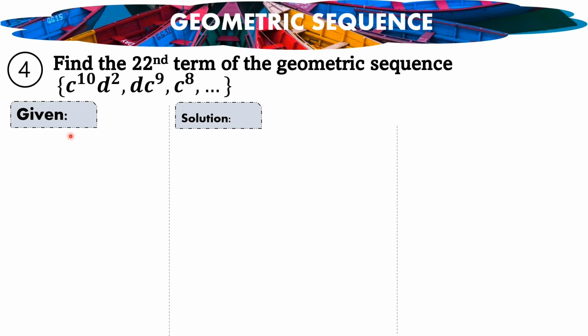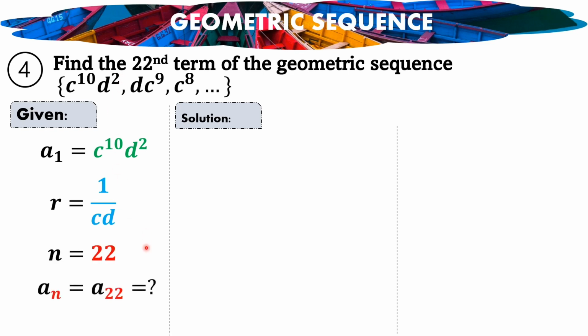Given: a sub 1 is c raised to 10 d squared, r is 1 over cd, n is 22. What is a sub 22? A sub 1 is given, so we will be using the first rule.